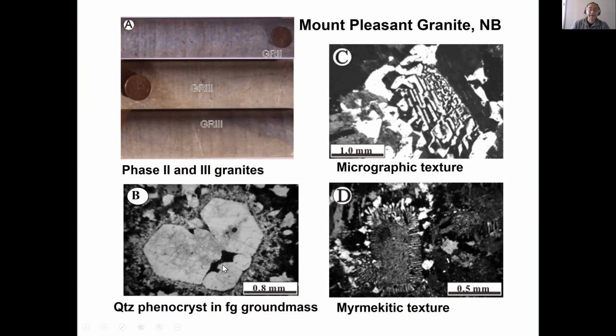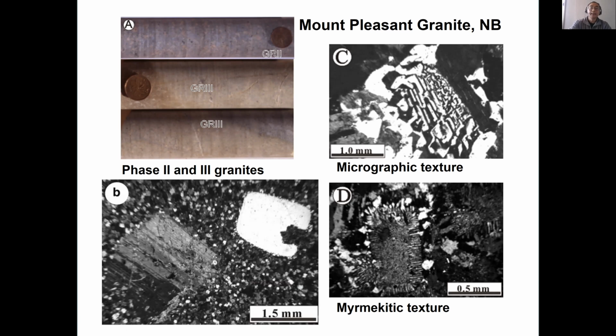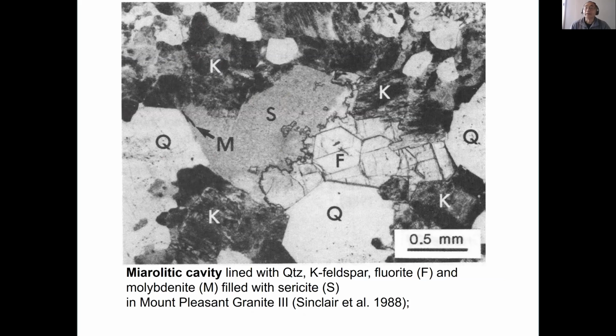You can see some erosion on the edge of the quartz that indicates the melt is saturated with water. This is more clear, a similar texture with erosion of the quartz. And this miarolitic cavity is from the Mount Pleasant Phase 3 granitoids, which also indicates the granites are saturated with water.